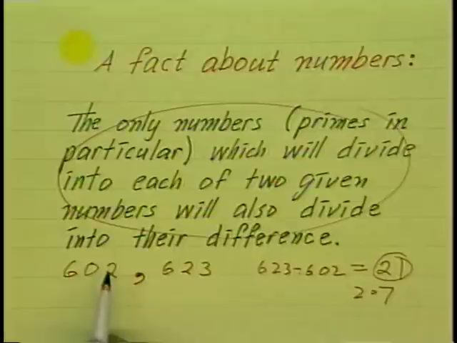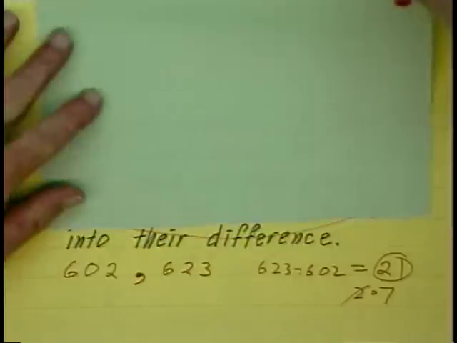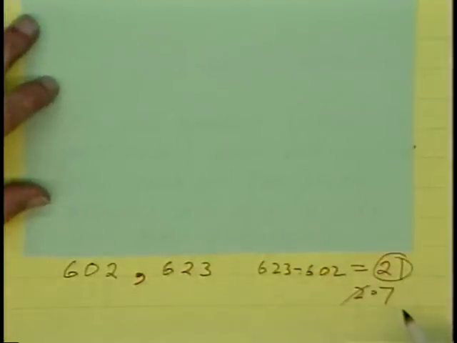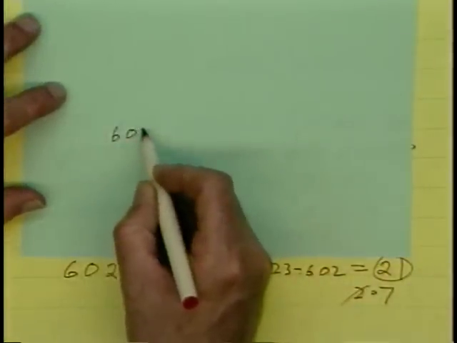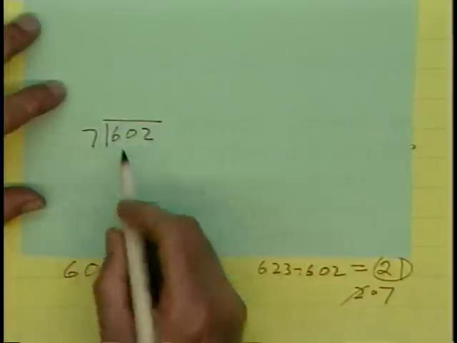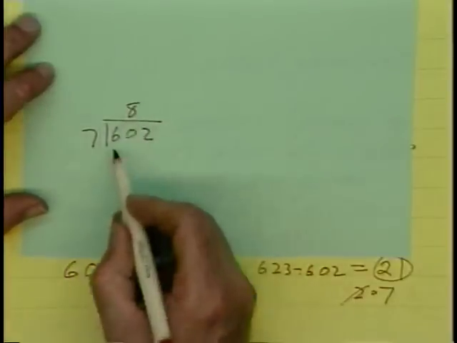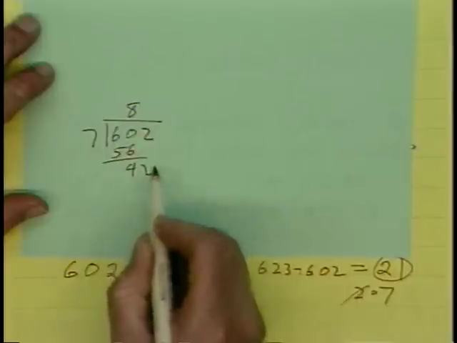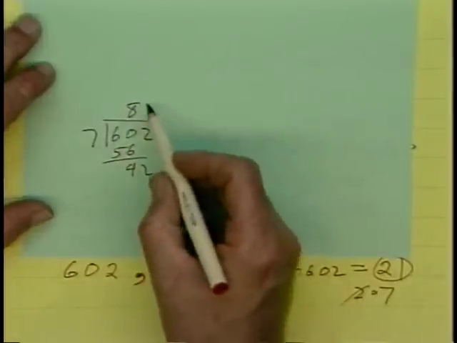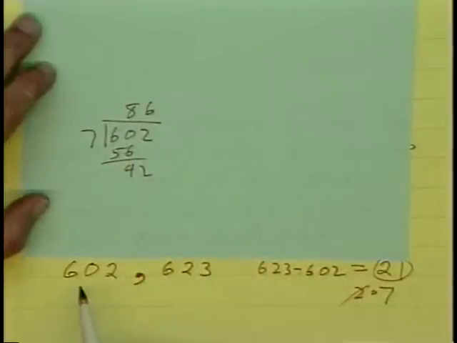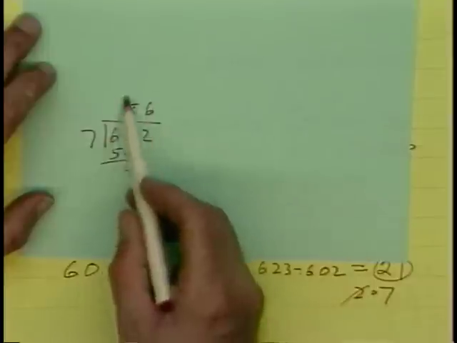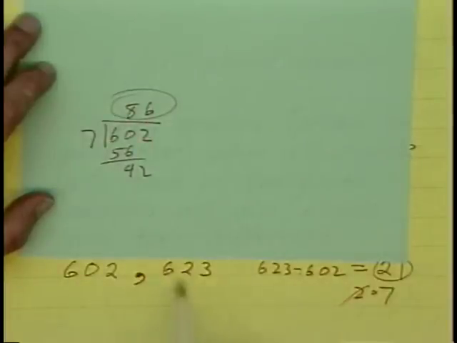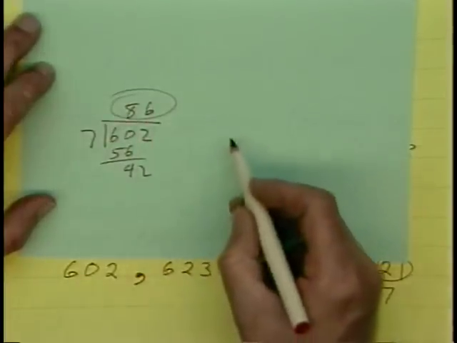Well, we can see that 3 divides this, but not this, so 3 will not divide both. But if we were trying to check out the 7, see 7 goes into the 8, 7 goes into 42 6 times, so 7 does go into this number 86 times. Now let's see if it also goes into this.